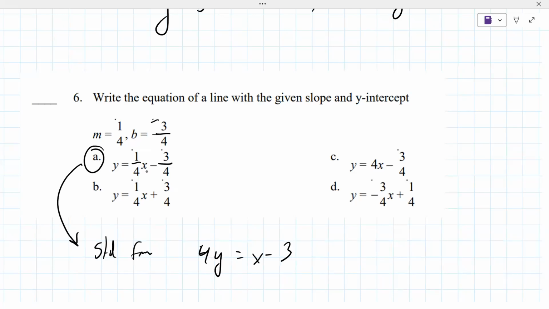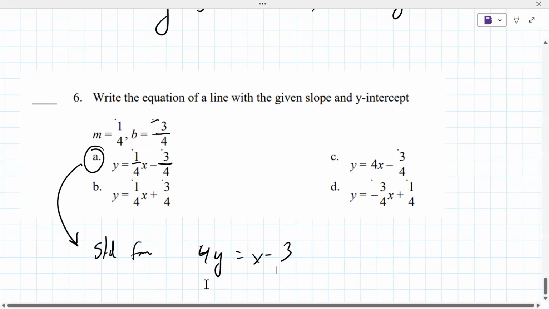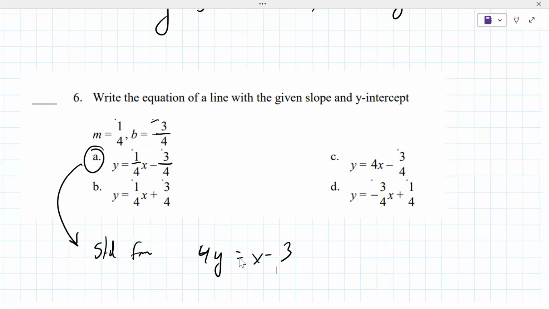Why don't you see if you want to modify your answer? You just have to move things around now. You don't have to multiply anymore. Okay. Then it would be x minus 4y equals 3. Yes.